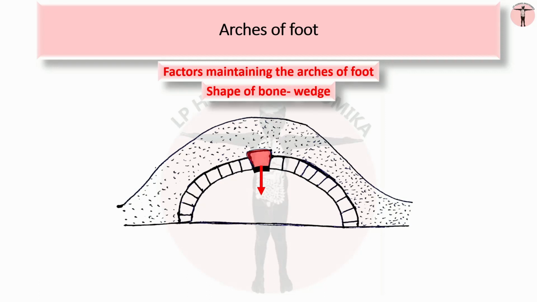This applies particularly to the important stone that occupies the center of the bridge and is referred to as the keystone. Imagine the same architecture with the arch supported by the wedge-shaped bone where the thin edge is directed towards the plantar surface which forms the summit of the arch.